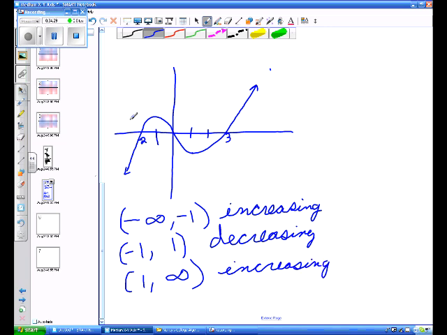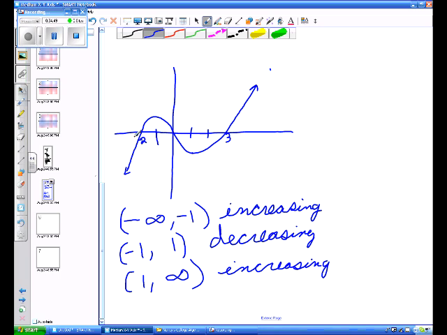Now these places where we change directions are called relative maxima or relative minima. And the reason we don't say absolute is that this is a high point, but we can see that our graph keeps growing, so it's not the highest point on the graph, but it is a place where we change directions.